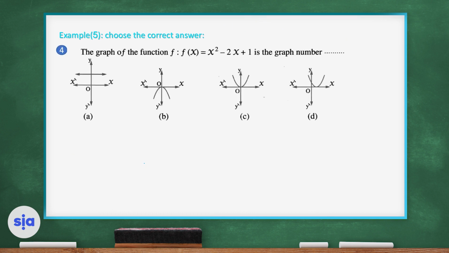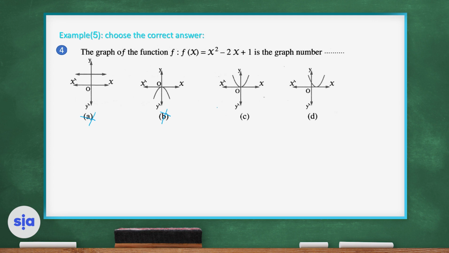Question 4. Which of these is the graph of f of x equals x squared minus 2x plus 1? As you can see here, for sure A is not a right answer because A is representing a constant function. And the coefficient of x squared, or the number beside x squared, is positive, so it will be a U shape, not an N shape.